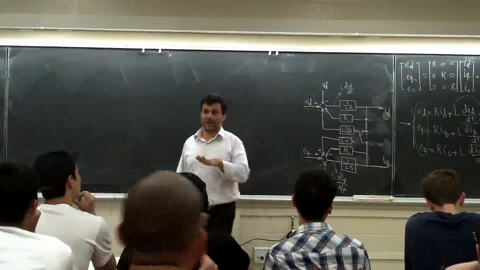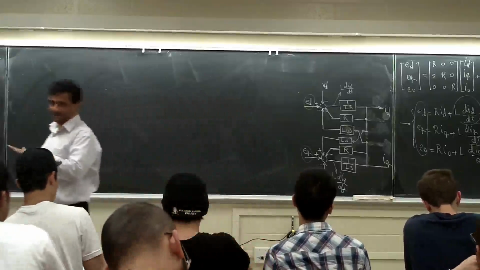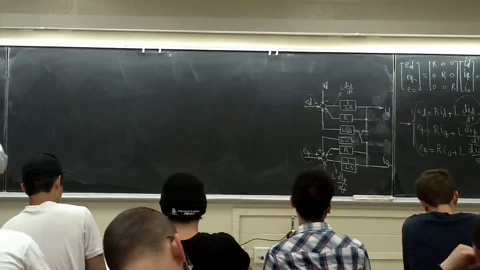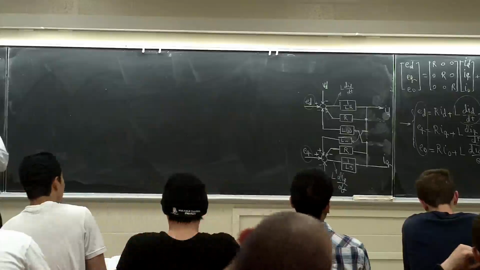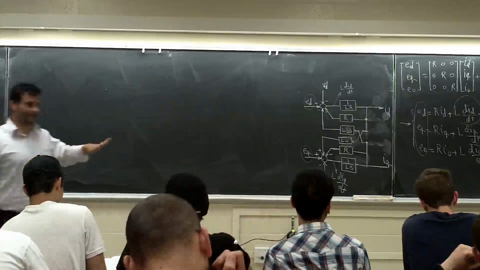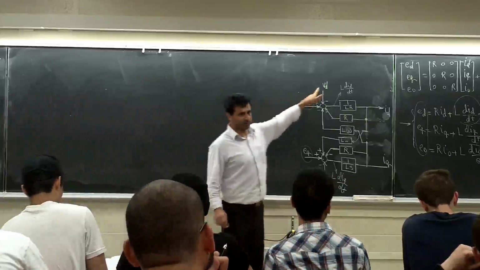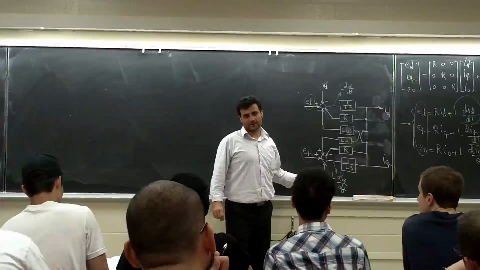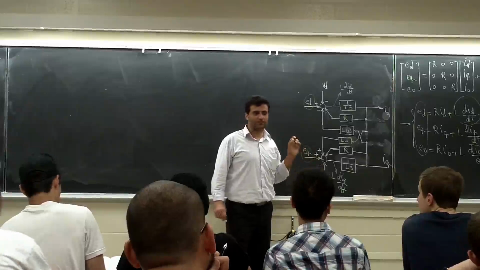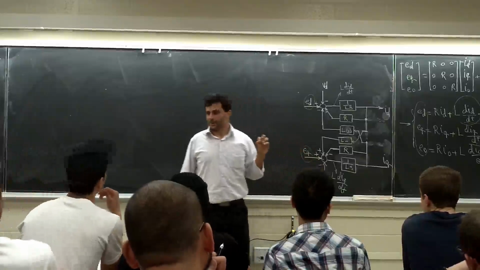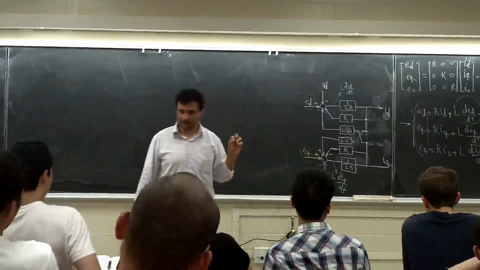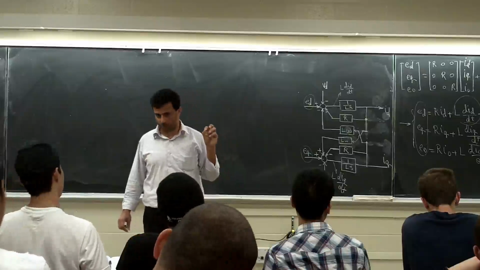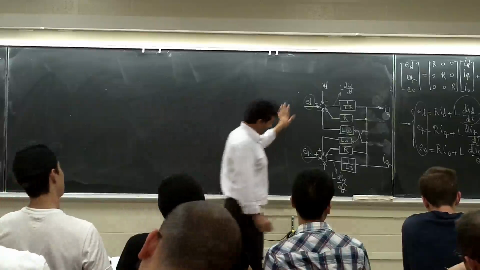Now, if we select Q axis aligned with the phase A, remember? What is going to happen? This one is 0, and this one is V, the maximum phase voltage. We talked about those things, right? So this is for the circuit.